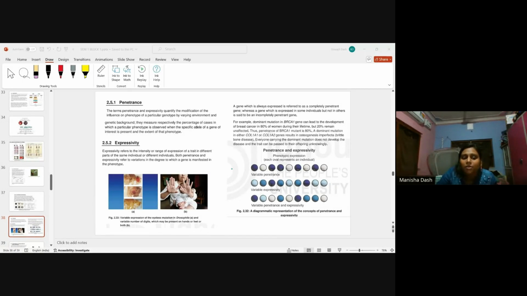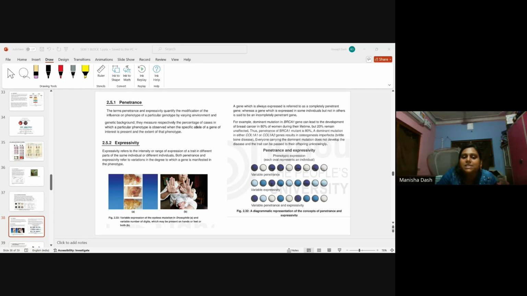Now, what is meant by expressivity? Expressivity is the degree of penetration. Even if every individual is expressing the genotype, how well are they expressing that particular phenotype? If you look at the color pattern, everyone is expressing the phenotype, but the color intensity is different.